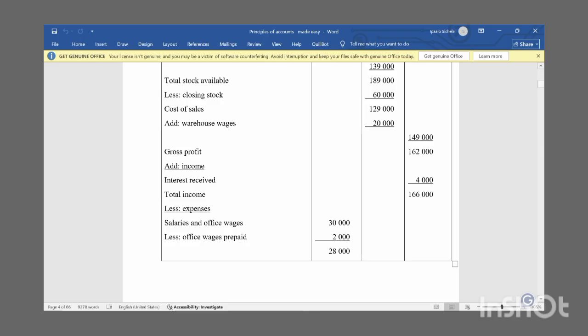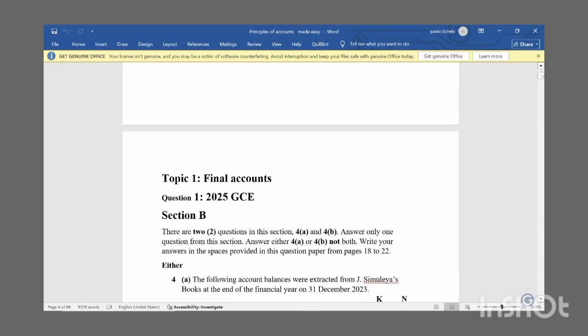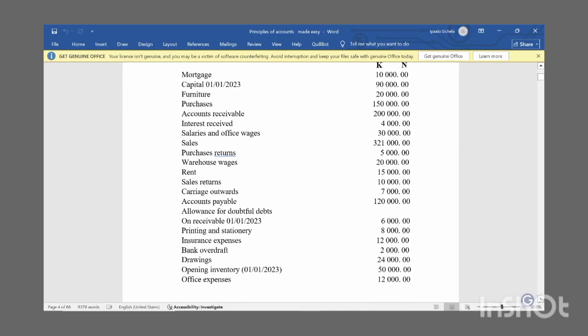Once you have the total income, the next thing you're supposed to do is subtract the expenses. So what's our first expense? The best way to collect your expenses is like this. You move from up then down, so that you won't miss expenses. Not just getting any random expense, because let's say you start with office expenses, then you move on to rent, then sales and office wages, you're more likely to forget an expense.